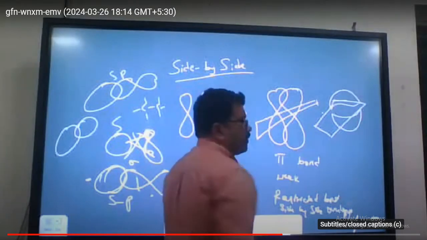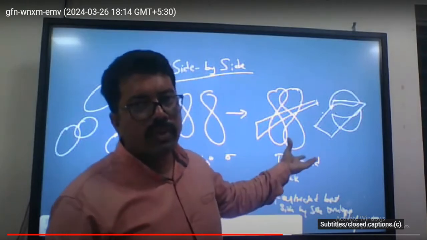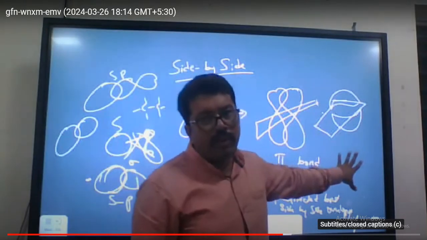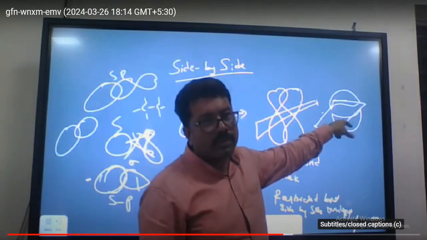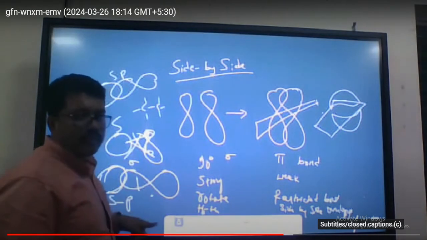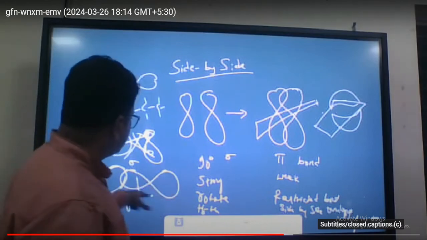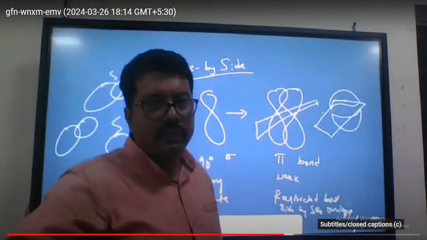One is the upper lobe, another is the lower lobe. In the pi bond the electrons appear as two lobes, one above, one below, not symmetrically distributed, but here they are symmetrically distributed.